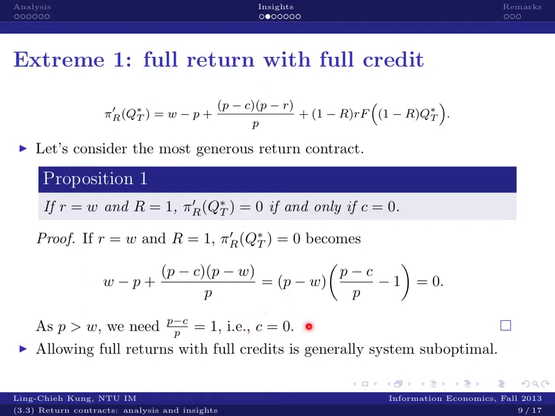The condition we need is for c to be 0, which means for the production cost to be 0. We know in general this is not true, right? So that means this condition cannot be satisfied. Full returns and full credits is somehow intuitively too generous, and the retailer will not be induced to choose the system optimal quantity.